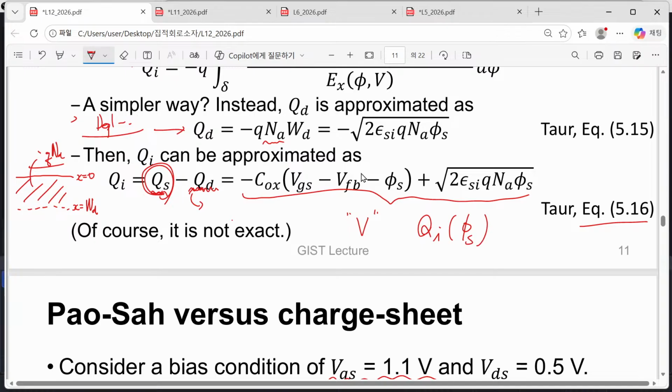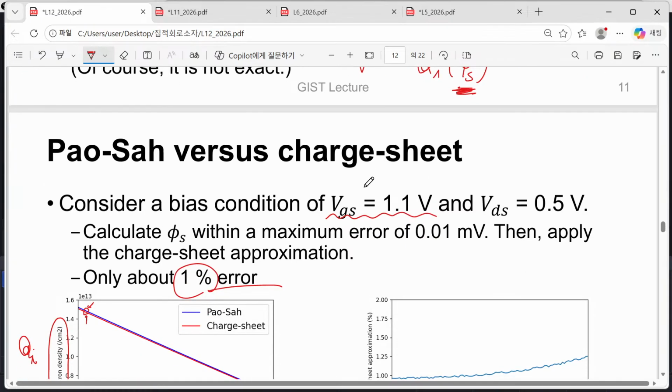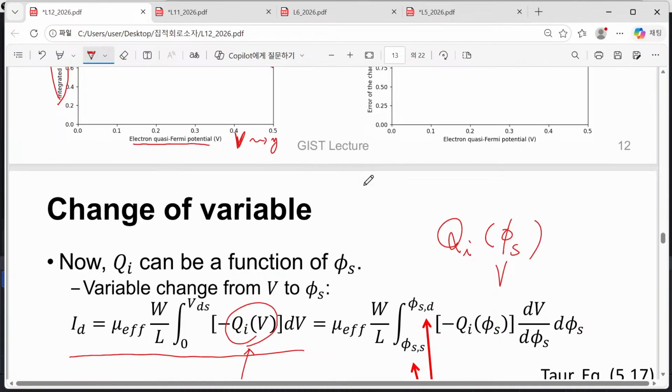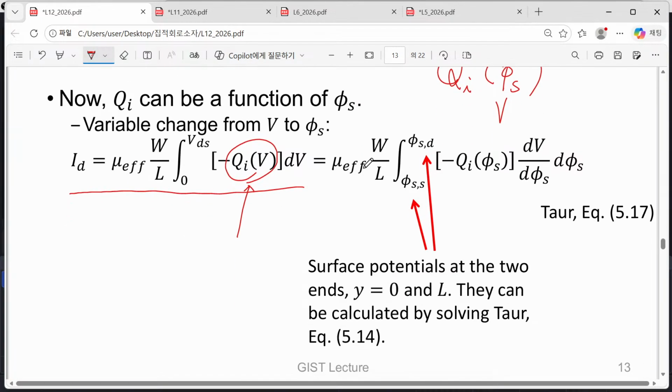We just have a dependency only on phi sub s. So here we go. Instead of having this one, now the calculation was q sub I dv, but now we say that this one is phi s. It's okay, we can just say that with our charge-sheet approximation.